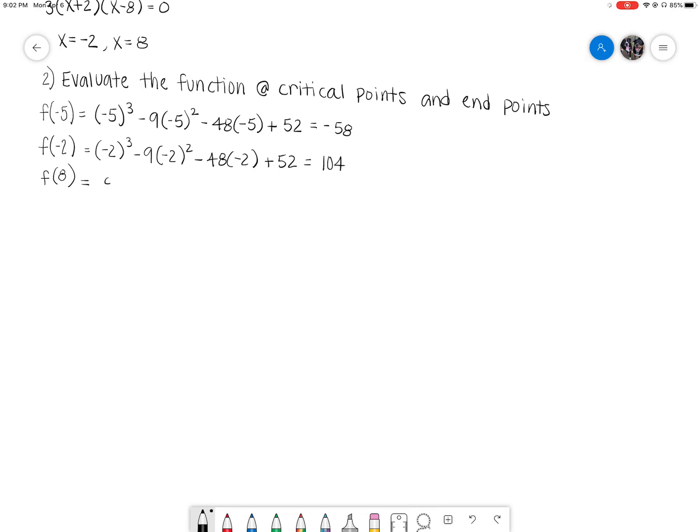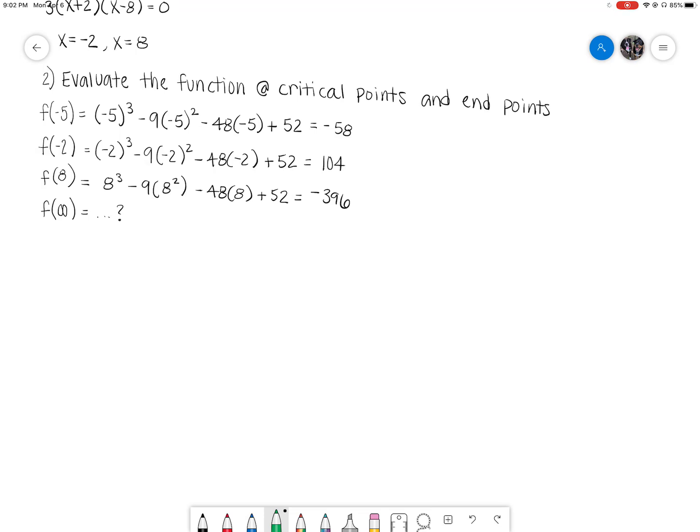G of 8 is 8 cubed minus 9 times 8 squared minus 48 times 8 plus 52, which is -396. And G of infinity. So we don't know G of infinity, right?